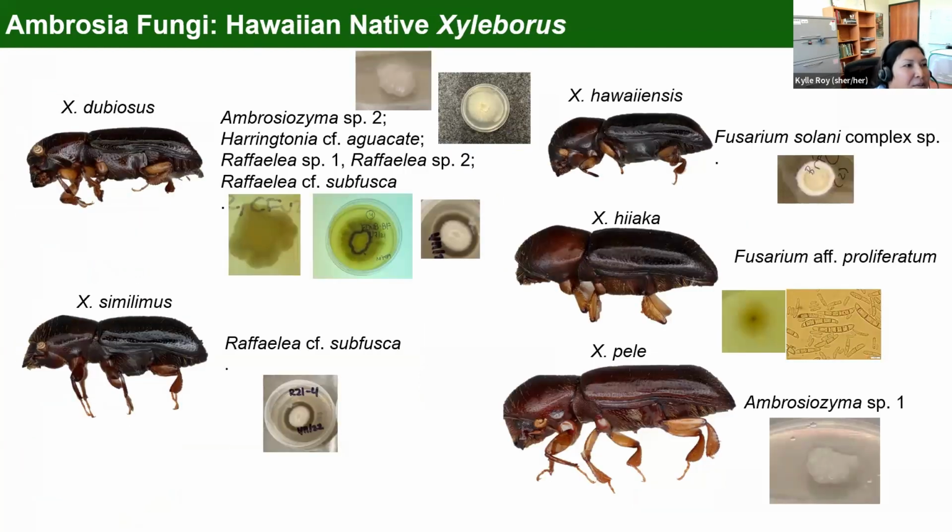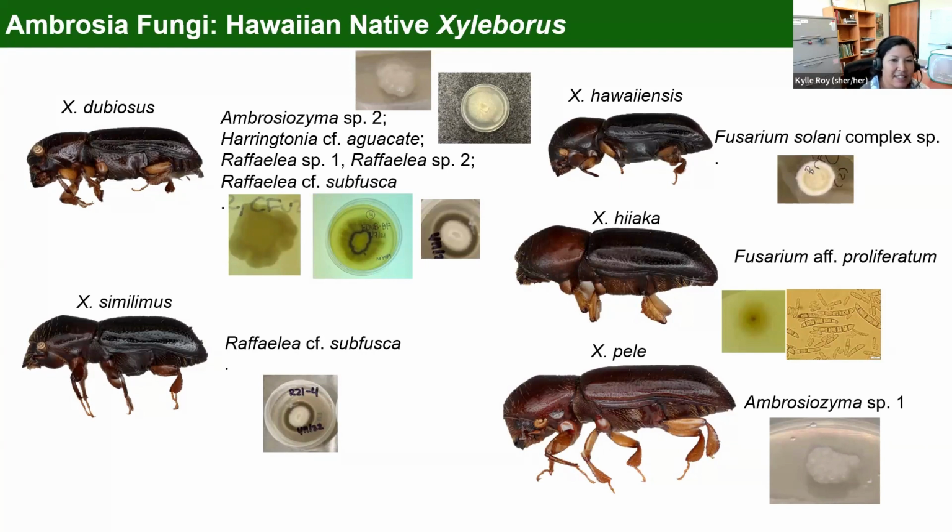And so these are the ambrosia fungi that we found associated with the native Xyleborus beetles. Xyleborus dubiosis, I said, was a little bit promiscuous, so it goes to a lot of different host trees, and we think that is probably why we found so many different ambrosia fungi associated with it, a lot of new species.